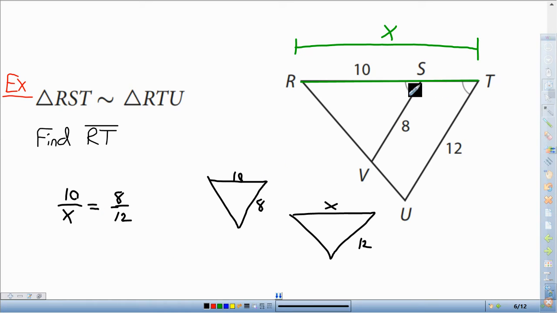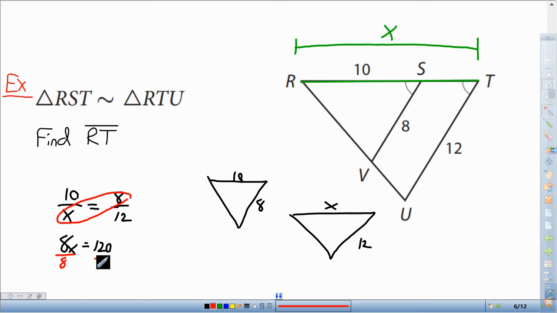So the overlapping triangles make it a little tricky. But since we're looking for RT, we can call that whole side length x. From here, we can go ahead and just cross multiply and solve. I noticed we could reduce 8 over 12, but on this one, I'm going to choose not to. I'm just going to go ahead and cross multiply. 8 times x is 8x. 10 times 12 is 120.